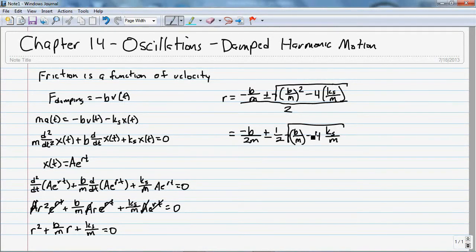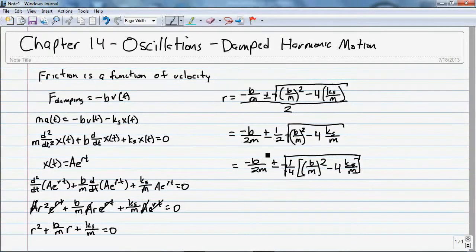And let's bring this 1/2 inside. If I bring the half into the square root, I need to square it, so that will be 1/4. Oh, this should be squared, sorry. So it'd be b over m squared minus 4 k of the spring over m.